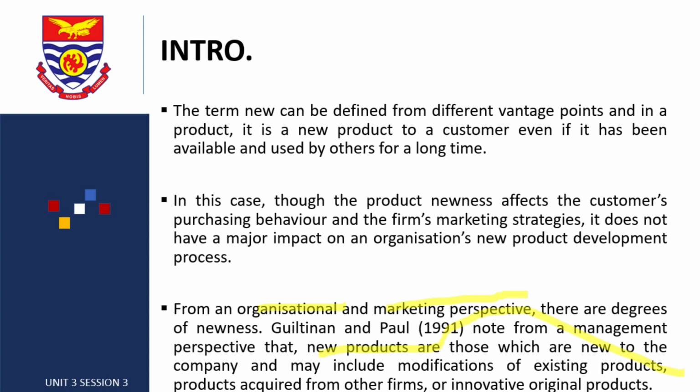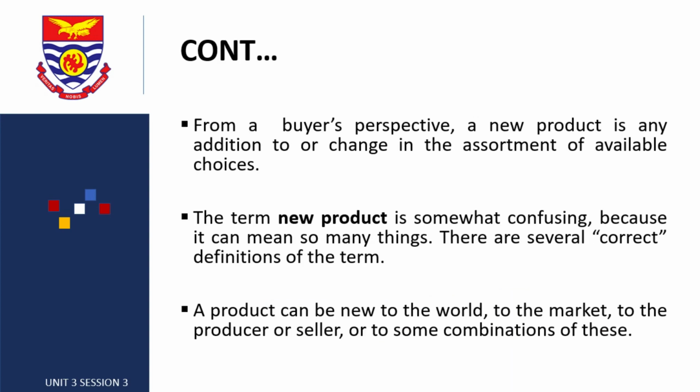So a new product can be new to the firm when the product is acquired from other firms, or there is some additional innovative activity which has been run on the original product. That was from a management perspective.